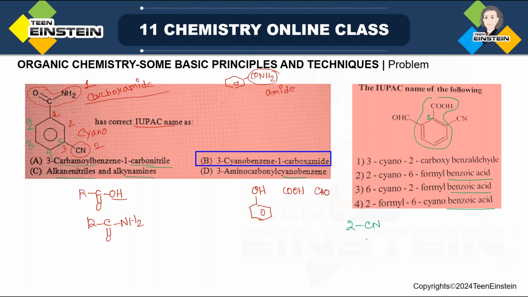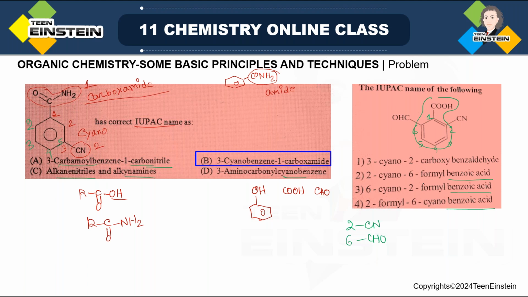Is it that number 2 is cyano, and then if we do so, 2, 3, 4, 5, 6. Then the 6th position is CHO. And another possibility is the reverse one, that is 2 CHO and 6th position cyano. But what we have to do is just write the name without any number.